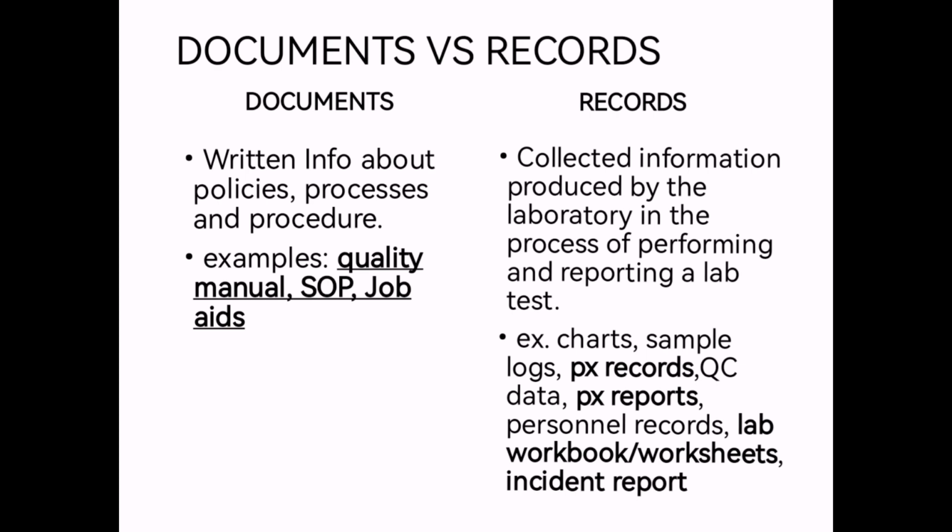So remember, records, these are produced after performing the laboratory test. So examples are charts, sample logs, patient records, quality control data, patient reports, personal records, lab workbook or worksheets, and incident report. So kanina, the rest of the choices kanina are records except lang sa SOP because SOP belongs to the documents.